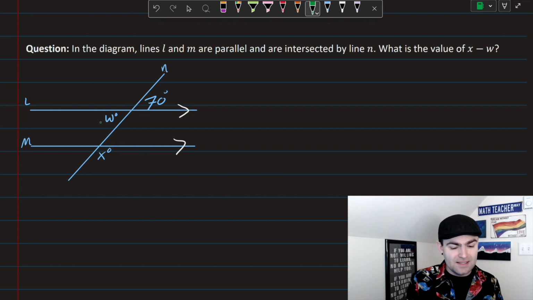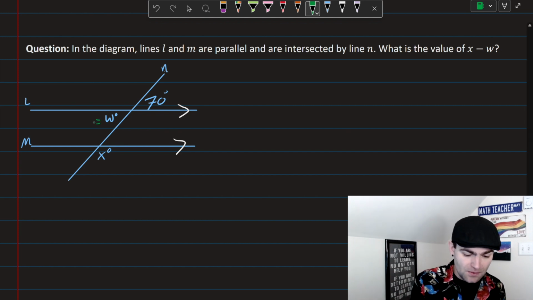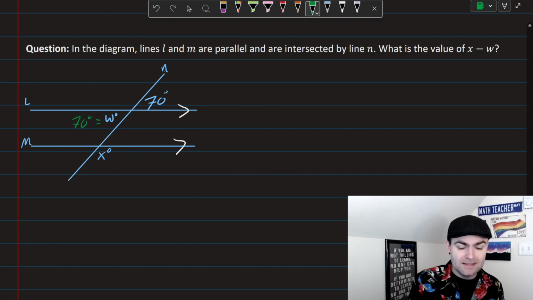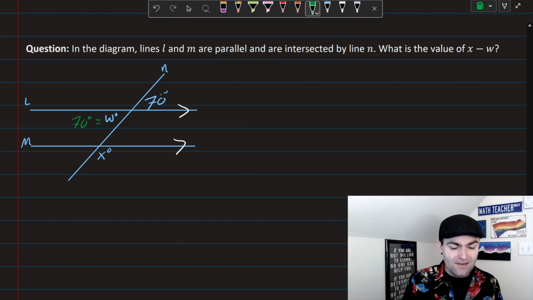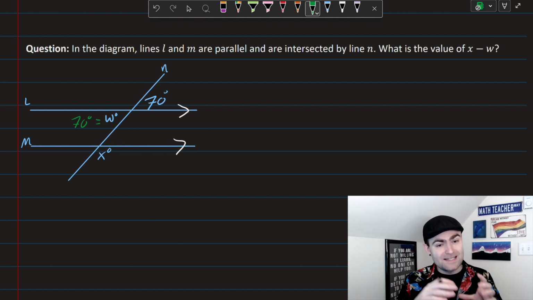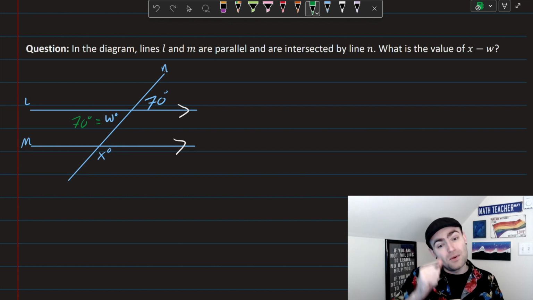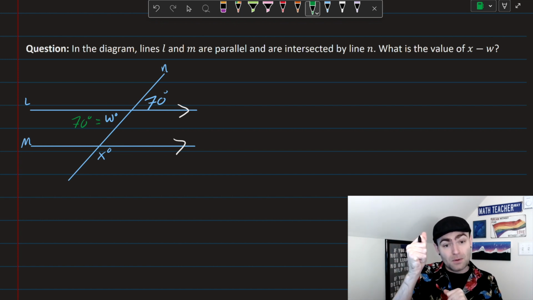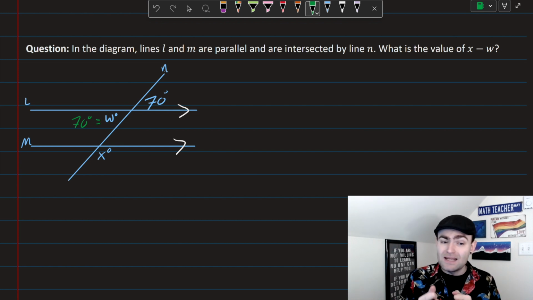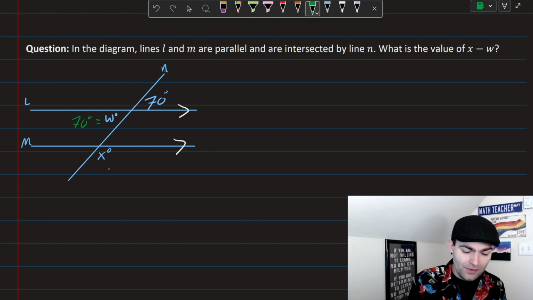Since this 70 and w are across from each other in an intersection, they are vertical angles, which means that w is equal to 70 degrees. And then 70 and x are on the same side of the transversal and both outside of the parallel lines, meaning that they add up to 180. So 180 minus 70, that would be 110.